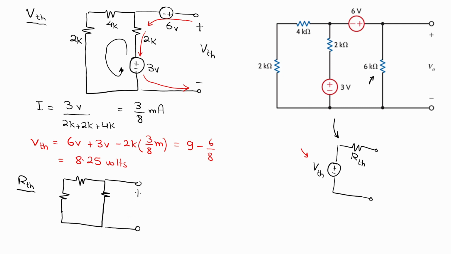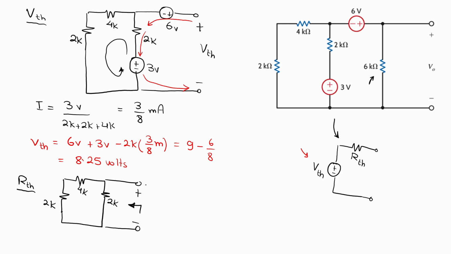And we are still calculating the resistance at the same two terminals at which we calculated V Thevenin. So this is a 2K, and this is 4K, and this is 2K. And as you can see, in both calculations for R Thevenin and V Thevenin, we did not include the 6K resistor in our calculations.